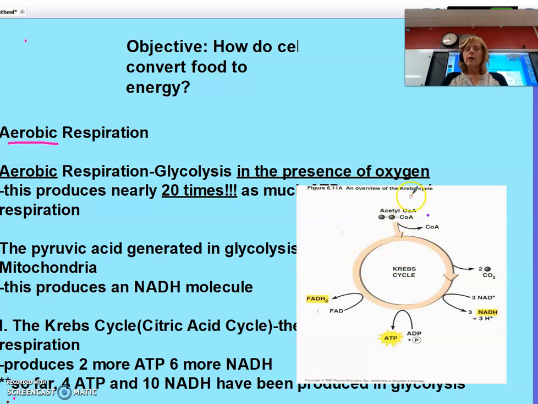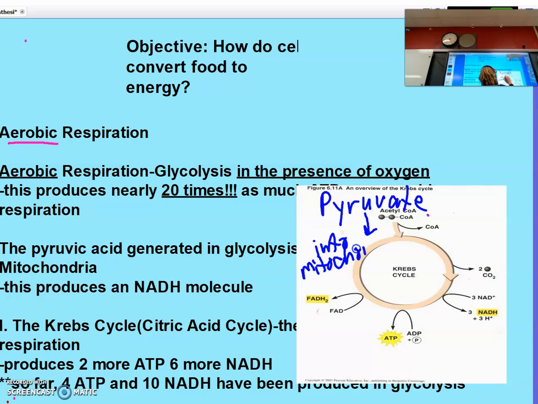Now these pyruvate or pyruvic acid molecules are going to diffuse into the mitochondria, and they enter this Krebs cycle or citric acid cycle. It's the same thing. Sometimes you'll see it as citric acid, sometimes you'll see it as Krebs. It is the same thing.